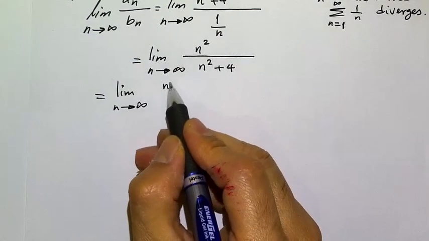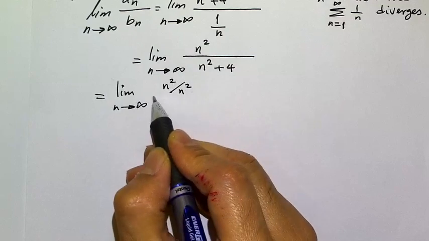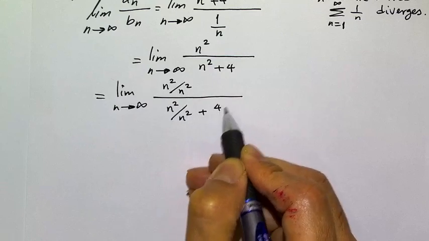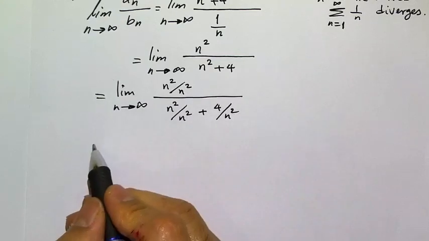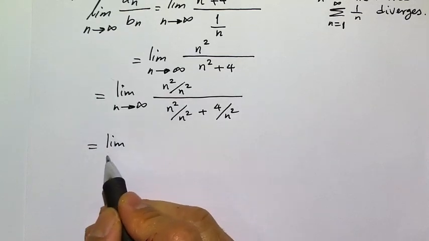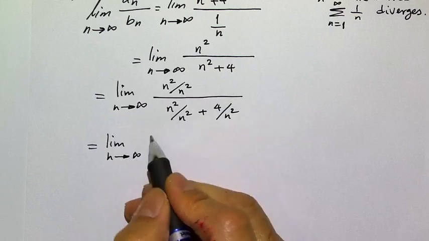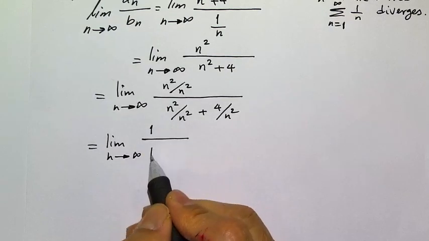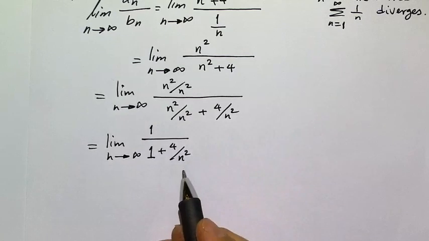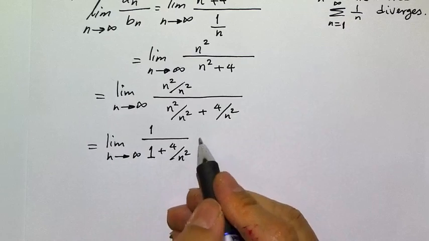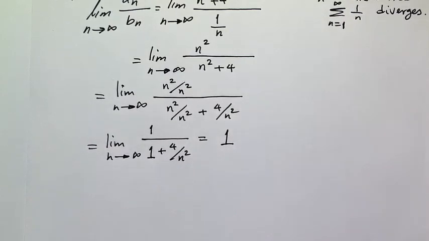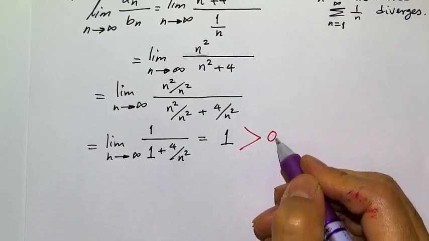We have n squared divided by n squared, divided by n squared plus 4 divided by n squared. Okay, so let us simplify this. We have 1 divided by 1 plus 4 divided by n squared. Now, if you apply the limit at this point, what will we get? We will get 1, and this is greater than 0.